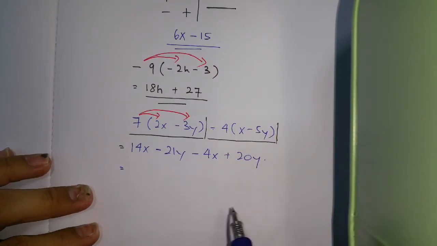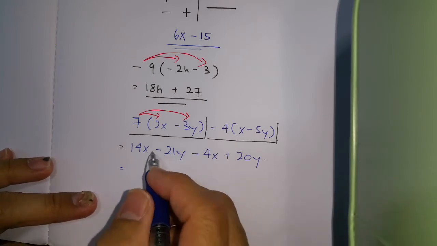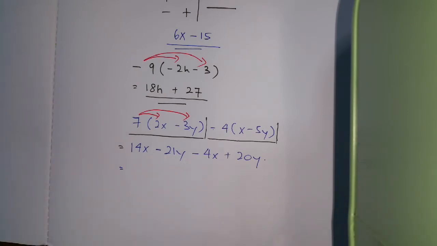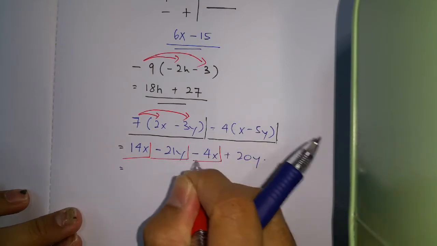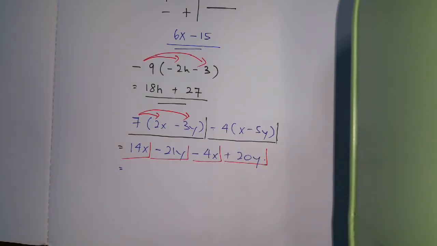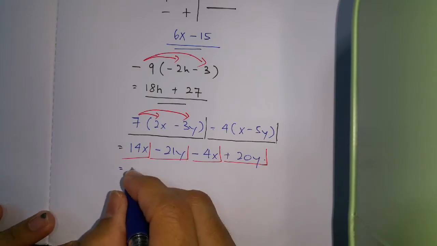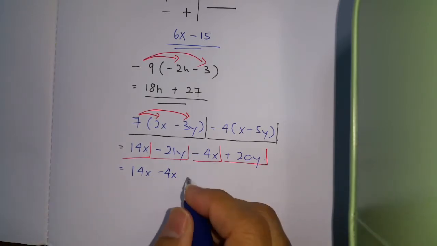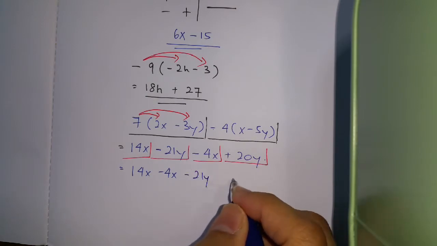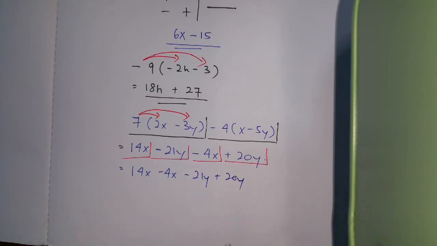So let's put all the x together, and I'm going to do that working for you, so you can see again. 1, 2, 3, 4. So I'm going to put the x together. So 14x minus 4x is here, minus 21y plus 20y.